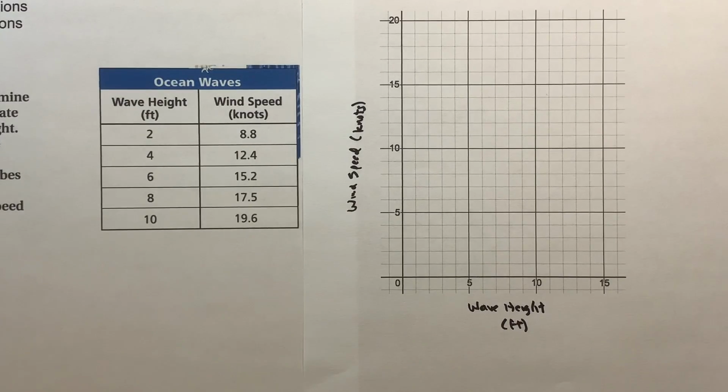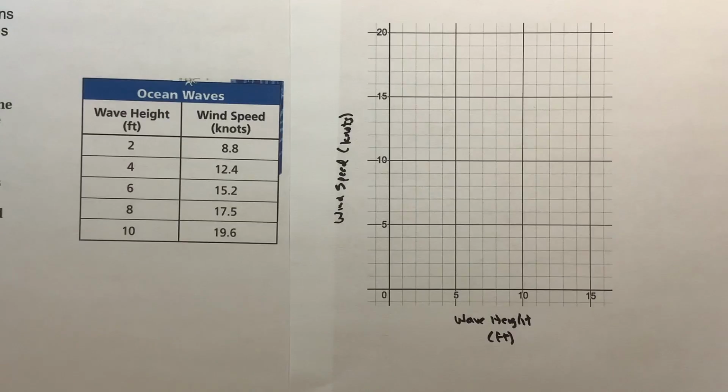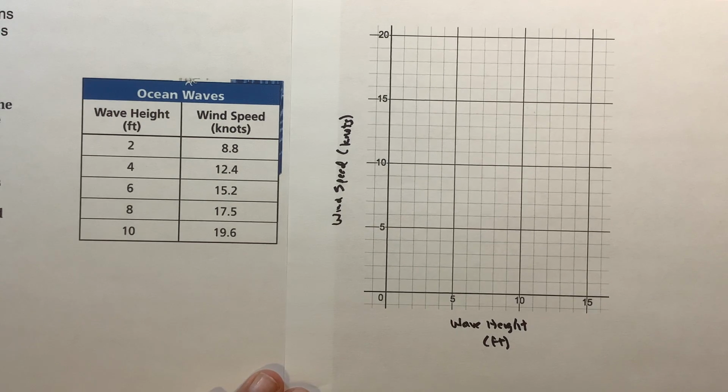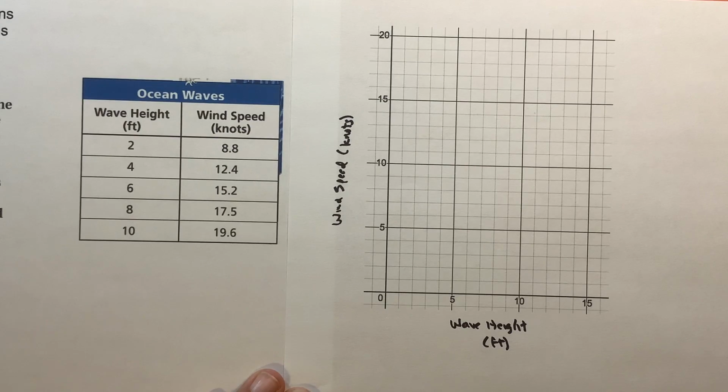Look it up. Last time I checked, I think it's like 1.15. Anyway, if you're ever going to get into sailing, or if you go into the Navy, you're going to have to switch things to knots.